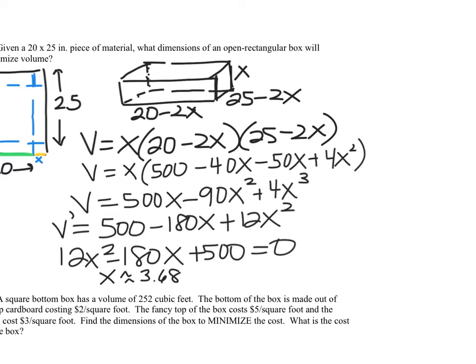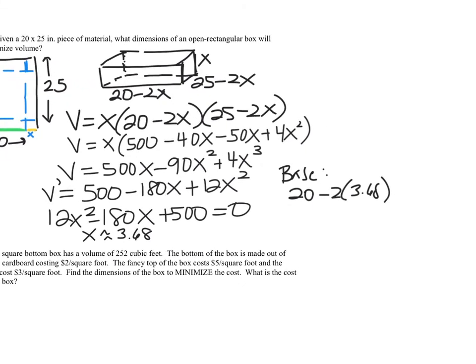Then the base of it is 20 minus 2x. If you use the other x, because there's two of them, that x will be too big. You'll get 20 minus 2 times that x, which will give you a negative base. You can't have a negative base. So you plug 3.68 back in, and the base would be 20 minus 2 times 3.68, which is 12.64 inches.